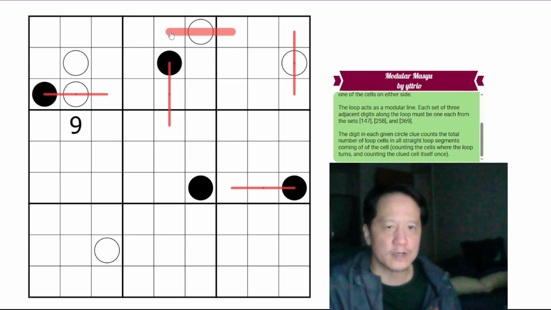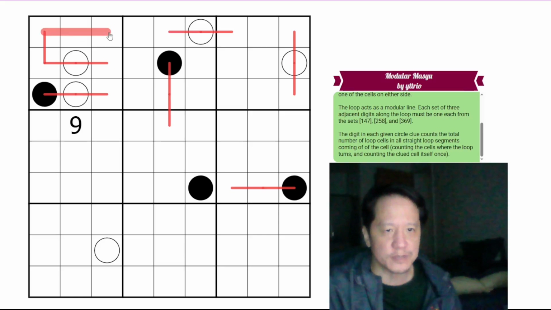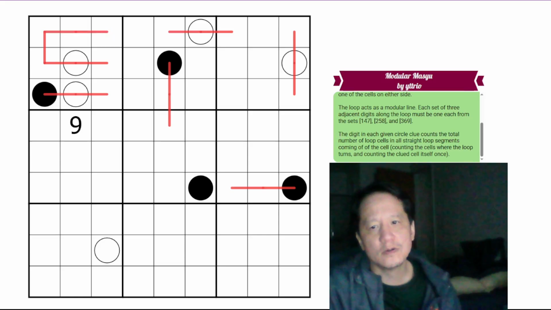It's straight through that way. This can't go straight through that way. It would intersect itself, so it has to go straight through that way. This cannot turn and touch this because that would be 5, so this has to go that way, which means it must go there. Unless things can go diagonal, which I'm pretty sure they can't.